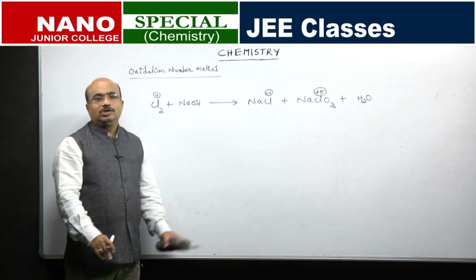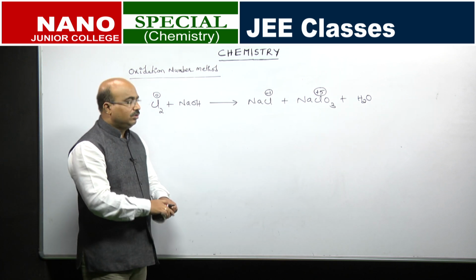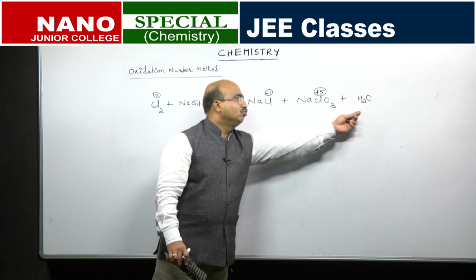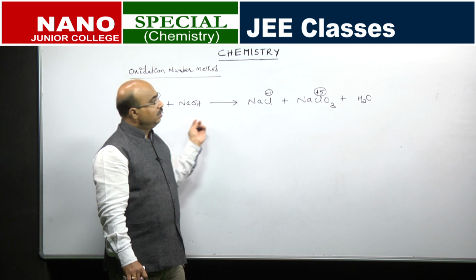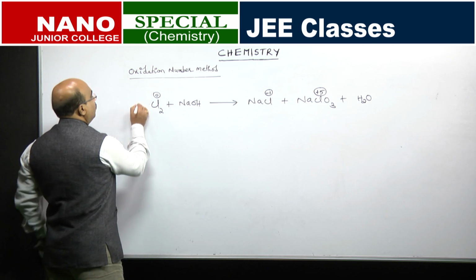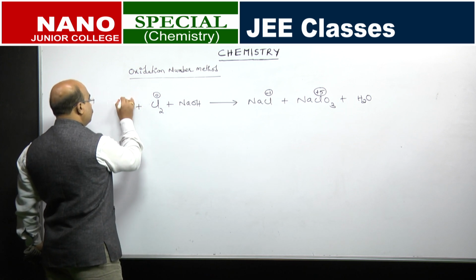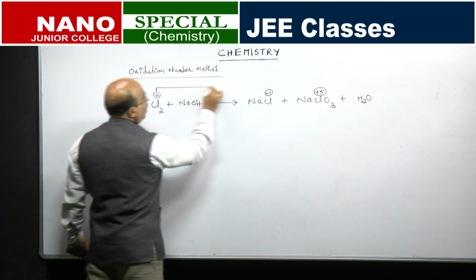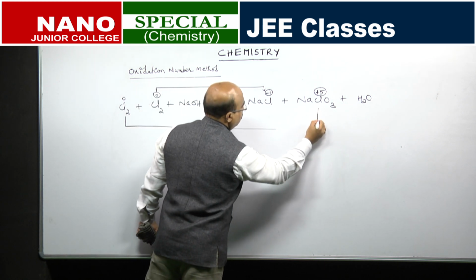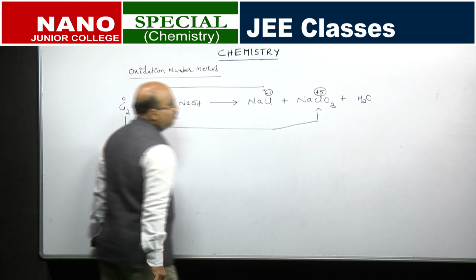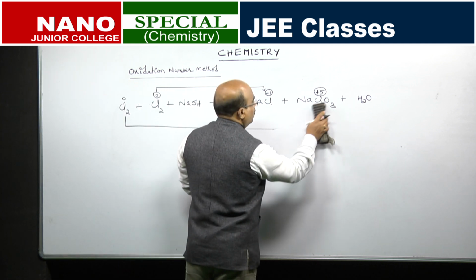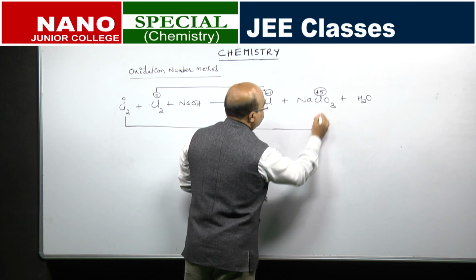Hydrogen, sodium, oxygen remain the same throughout the equation. Here oxygen is -2, here oxygen is -2, here oxygen is -2, sodium anywhere should be +1, hydrogen here is +1. So, what do we do? We take another chlorine at 0, assuming this chlorine is going as -1 and this chlorine is going as +5, meaning all the chlorines in this are going as +5 and all the chlorines here are going as -1, that is it.